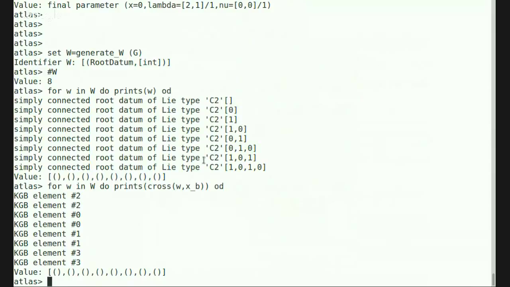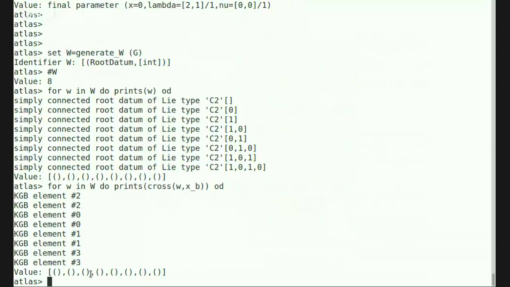And similarly, the reflection in root number 1 takes KGB element 2 to KGB element 0, and so on. Okay, so notice that the action of the Weil group on this KGB set, there are 4 KGB elements, 0, 1, 2, and 3, and it's acting transitively on them, and the stabilizer is WK.